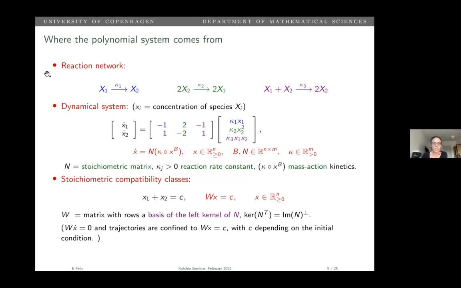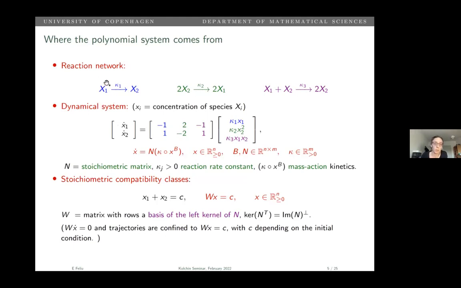The setting is that we are trying to model what happens with concentrations of some chemical species or biochemical species or animals, any entity, or any group of entities, that are related through reactions that make them change.